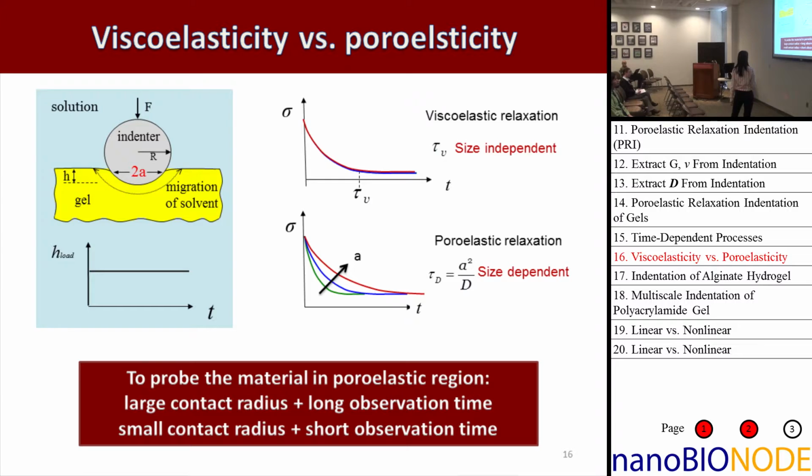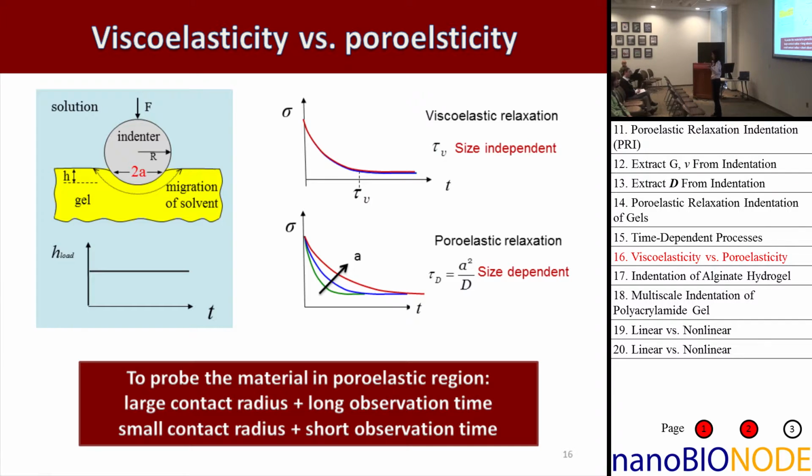So there are actually two ways to differentiate these two time scales. One way is you use a very large indentation size and observe this relaxation phenomenon for a long time. The viscoelastic relaxation happens very, very fast in the very beginning.